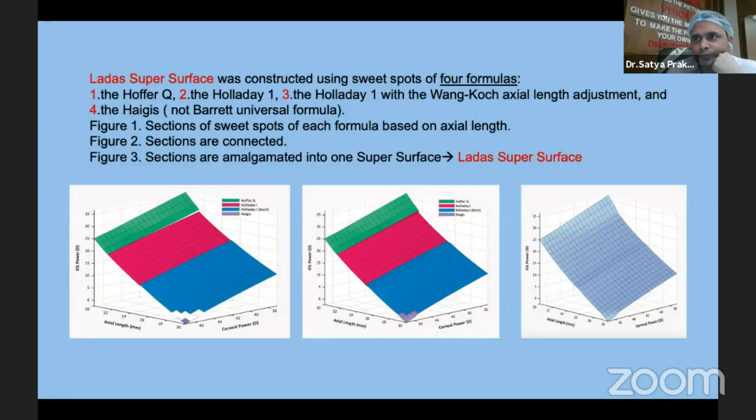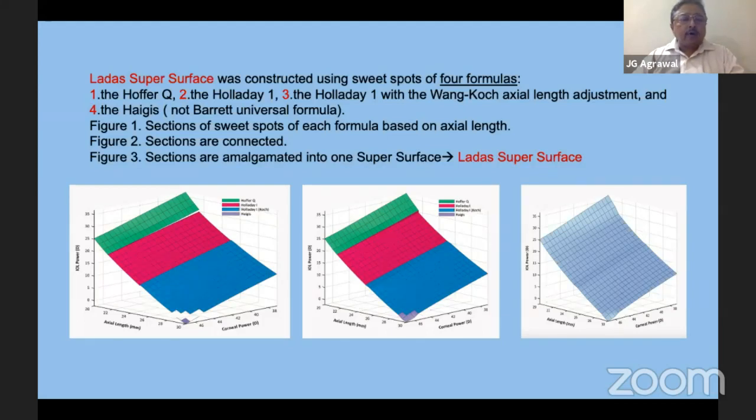The Ladas super formula has been constructed using sweet spots of 4 formulas: Haigis, Holladay 1 with Wang-Koch axial length adjustment, Hoffer Q, and SRK/T. But the Barrett Universal formula is not included. First the sweet spots are collected from each formula, then they are connected to each other, and lastly, as shown in the slides, they are amalgamated to get one surface, that is the Ladas super surface.